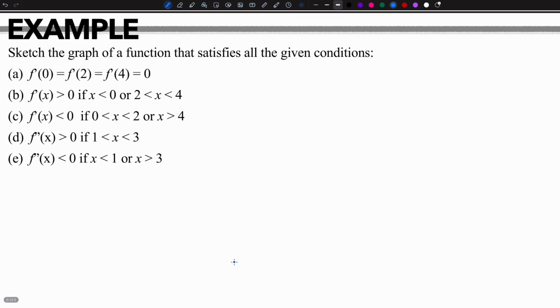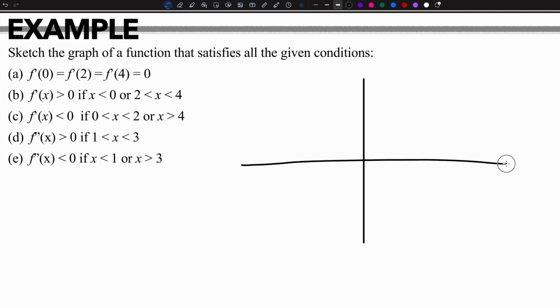Last example, we want to sketch the graph based off of what we know here. Okay, so first thing we're going to do is draw a graph. So these are all going to be min and max here because it says derivative.